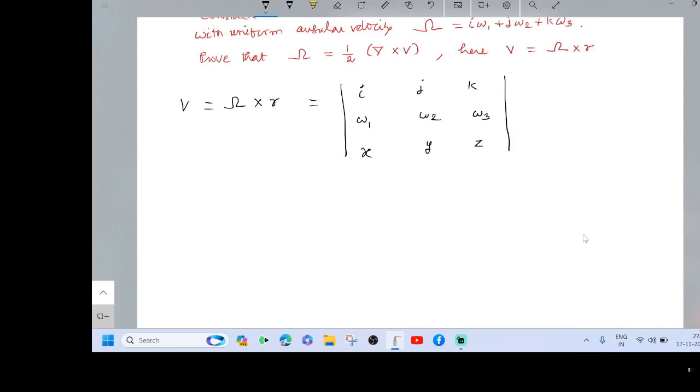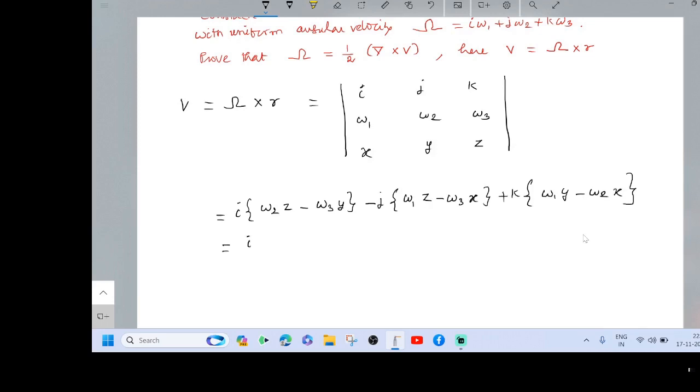This is equal to i into omega 2 z minus omega 3 y, minus j into omega 1 z minus omega 3 x, plus k into omega 1 y minus omega 2 x.